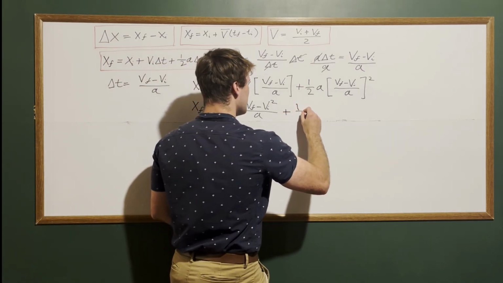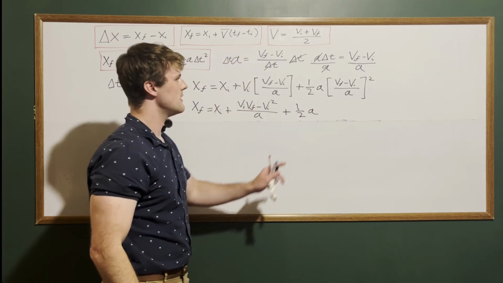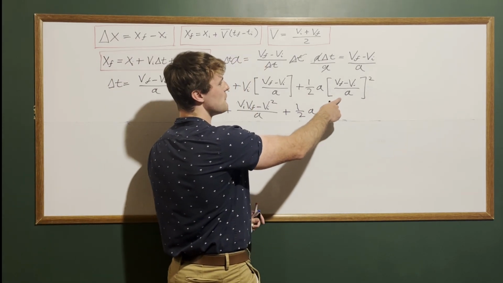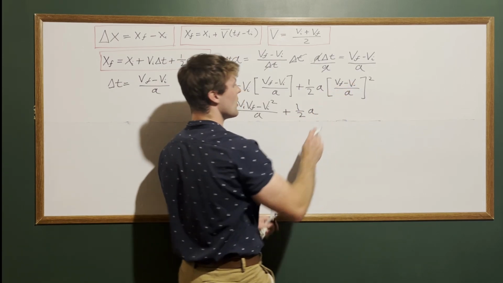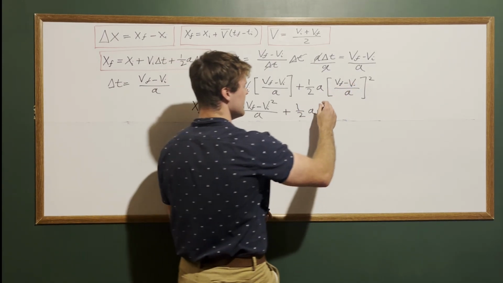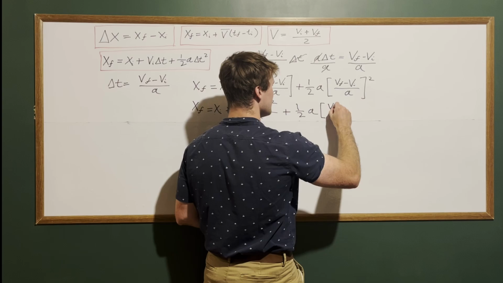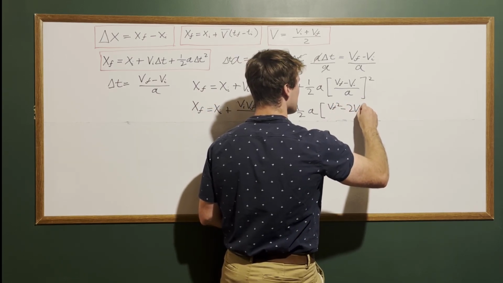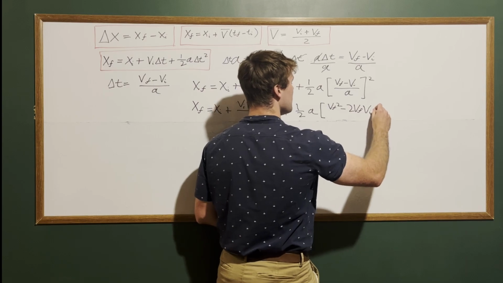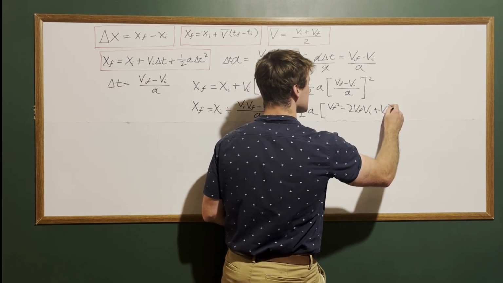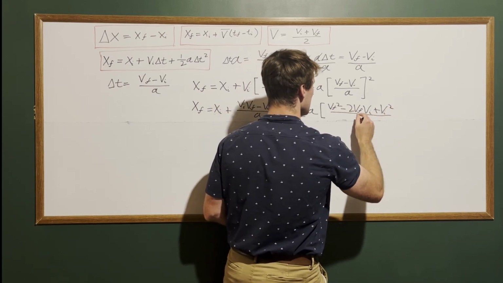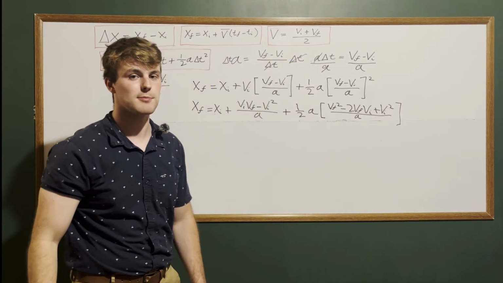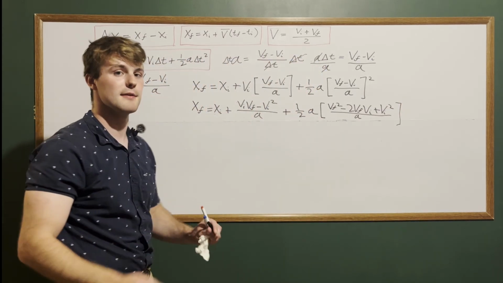Plus 1/2 a, and this is where it gets a little bit gross, just bear with me. We have to FOIL out this numerator. So what we're going to end up getting is vf squared minus 2 vf vi plus vi squared all over a squared. Okay, this is looking even worse, but again, bear with me. It's going to be fine.